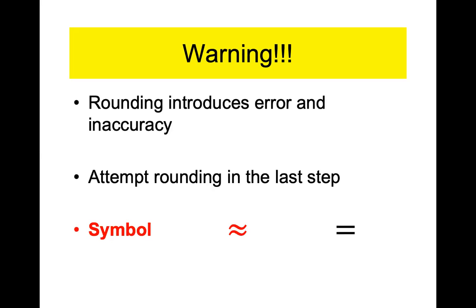Because pi is not 3.14, but it's close. You rounded pi to 3.14, and that's why every calculation we did that involved circles, circumference, area, volume of a cylinder, all of those involve the approximation symbol. So that just means approximately. The equal sign means exactly.